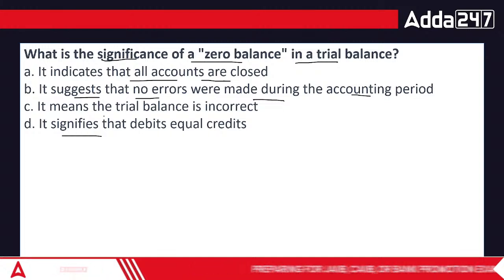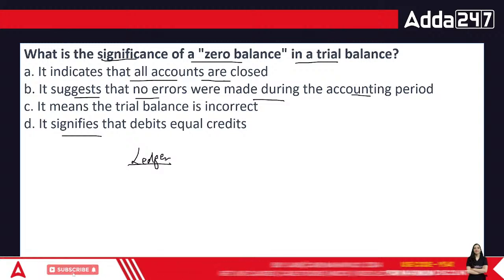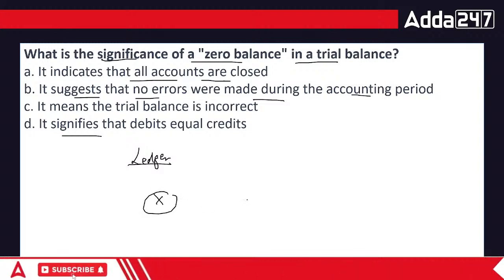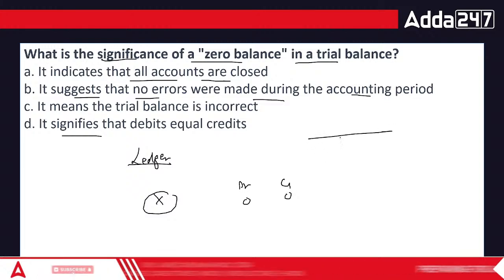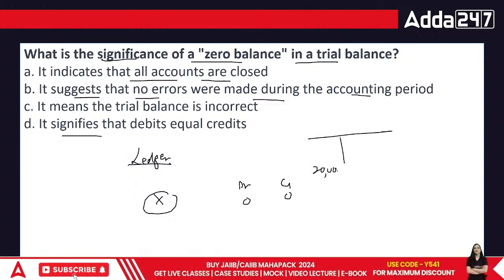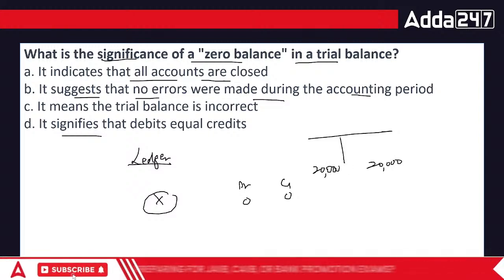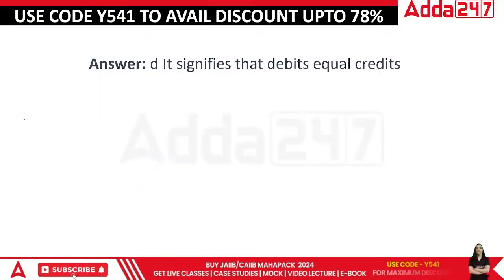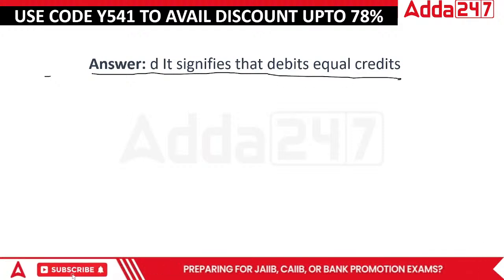When we see that some ledger has zero balance, for example Mr. X has zero balance overall, this means on the debit side it was 20,000, on the credit side it was also 20,000, there was no need for a balancing figure. Thus in this case the debit was equal to the credit altogether, so there was no discrepancy at all.